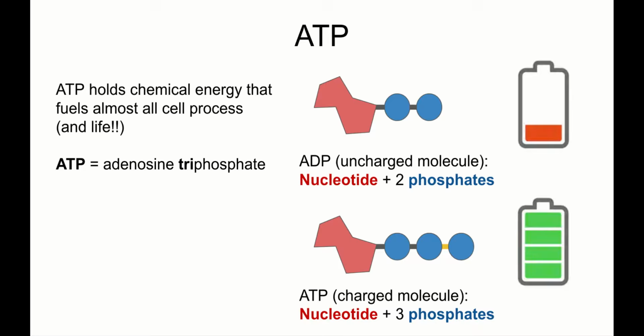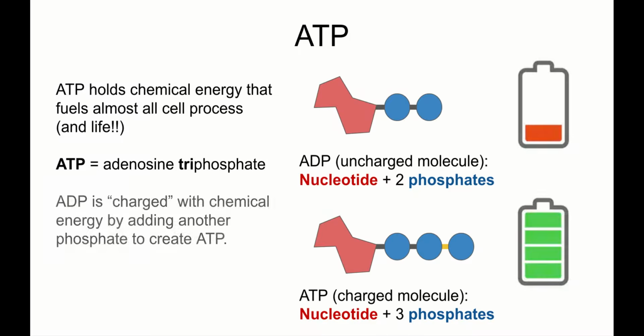So this is adenosine diphosphate. And as you can see from these two pictures, adenosine is charged with chemical energy by adding another phosphate to create ATP. So to charge up ATP, like charging up a battery, all we need to do is add another phosphate onto the end of ADP. And then it becomes ATP and it's fully charged.